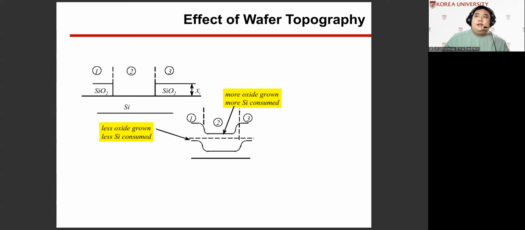Last but not least, let's talk about the topographical effect. When we make a hole, for example with lithography, and grow the oxide, there is no oxide layer in the hole and there is oxide around the hole, so the growth of oxide is faster over here rather than over there.